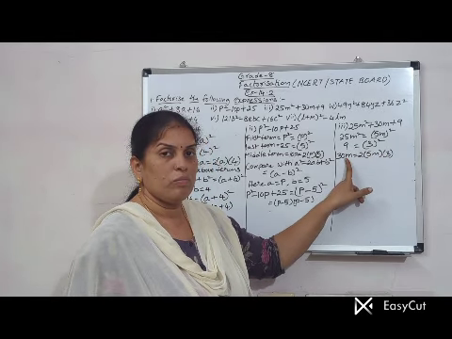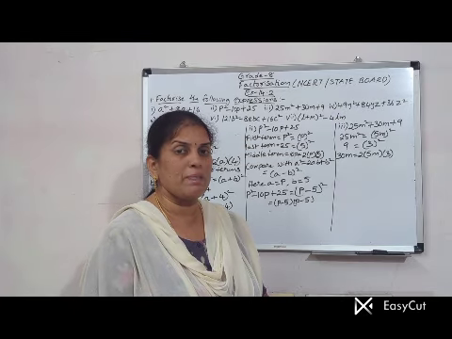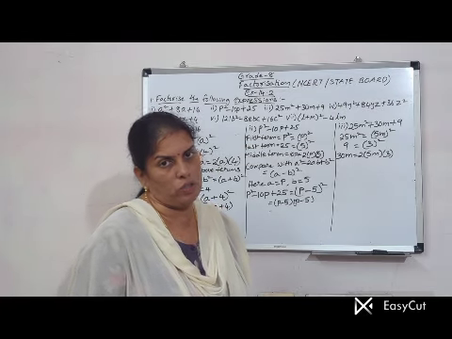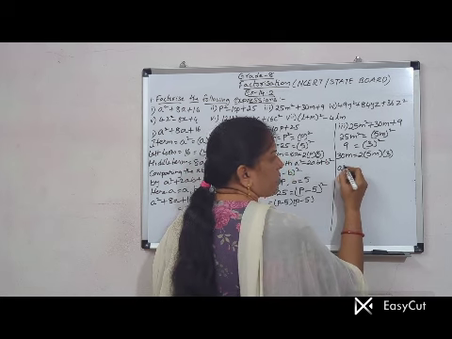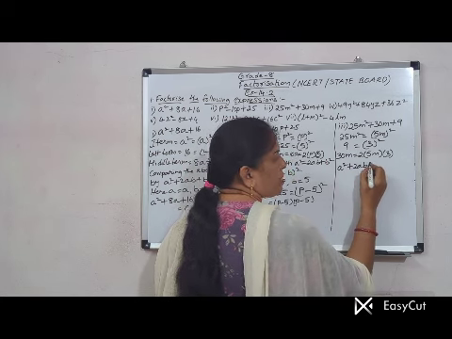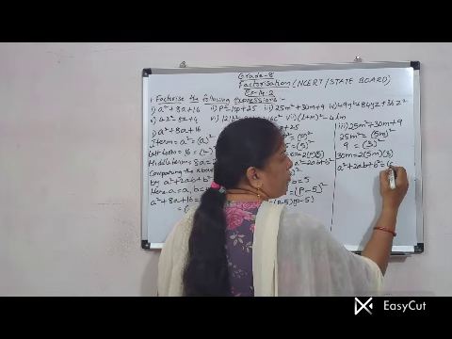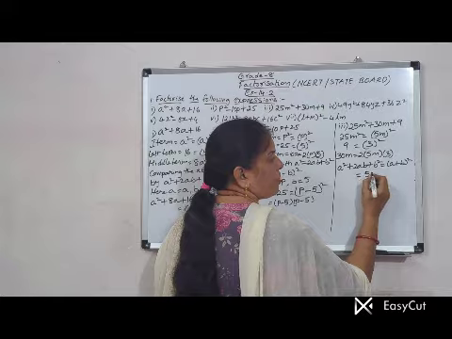See, both are equal. So, what formula can we apply here? You can compare this algebraic expression with the form a square plus 2ab plus b square. What is the formula? A square plus 2ab plus b square is equal to a plus b whole square. A means how much here? 5m.